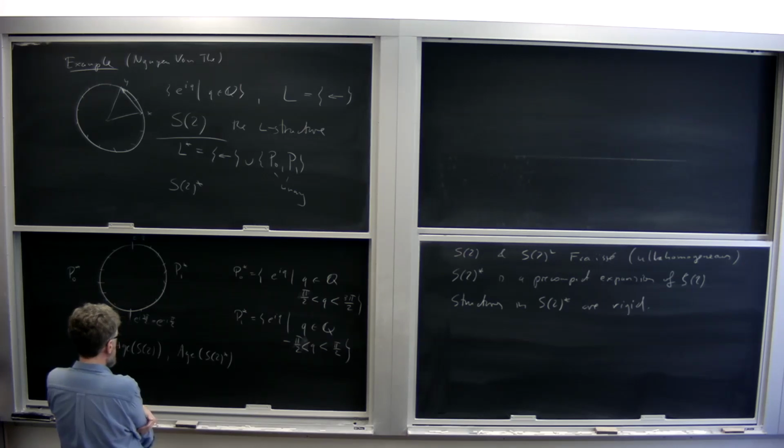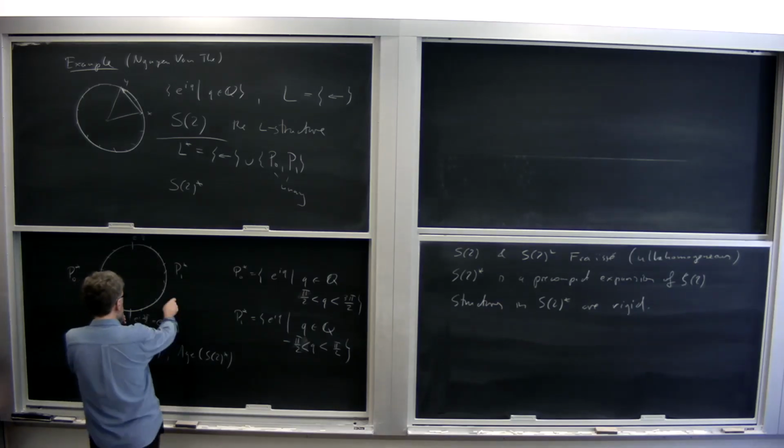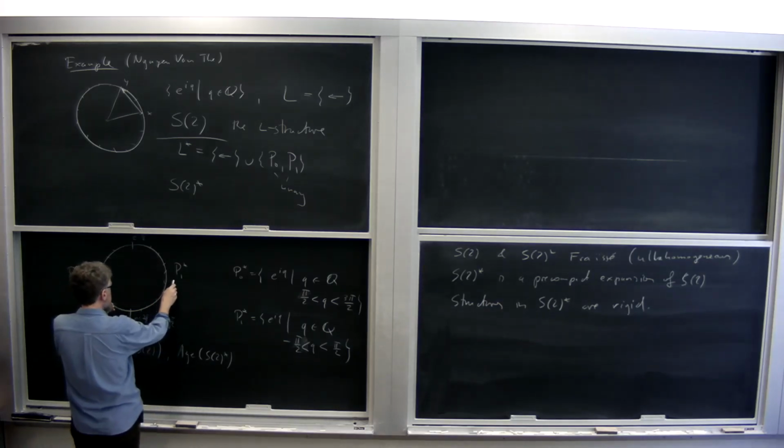Slavik, can I interrupt for a moment? The way you've defined P0 star and P1 star, they don't seem to cover the entire structure because a rational number is not between minus pi over 2 and 3 pi over 2. E to the IQ won't be in either of those. Wait a second. So if I go from Q, this is where Q is 0.